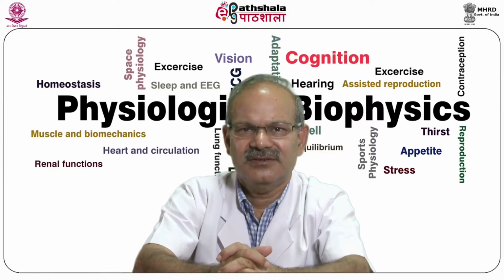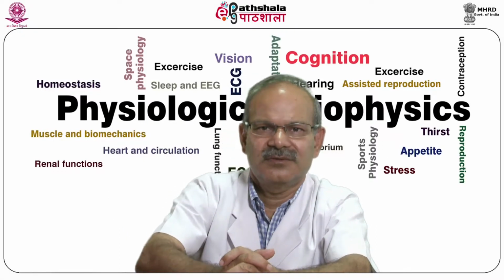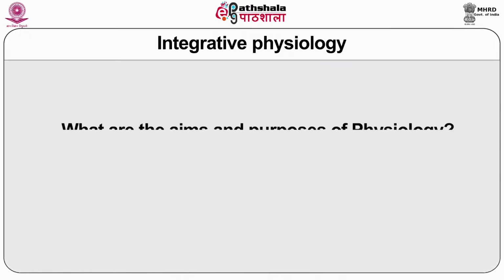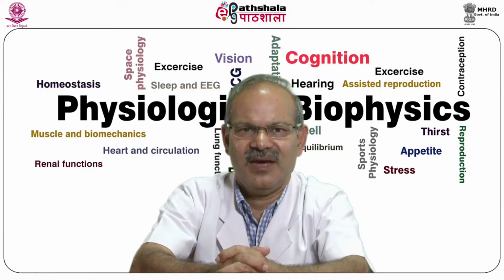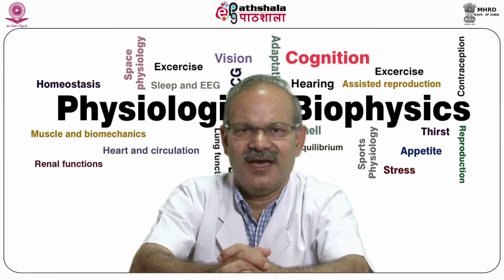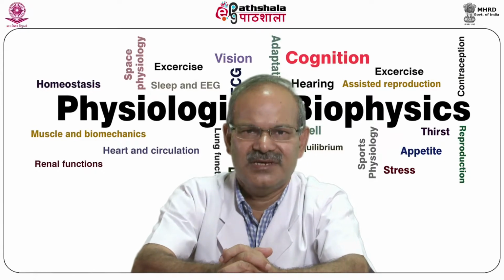In the following discussion, I am going to tell you what are the aims and purpose of physiology and what value does it have in our lives. Physiology has several applications in our lives and we are going to detail them out here.